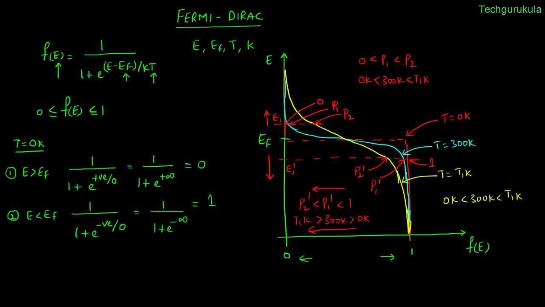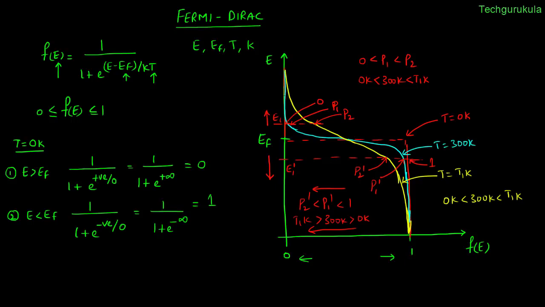We can understand this decrease in probability below the Fermi energy level and increase above it as temperature increases based on our understanding of semiconductors. As temperature increases, the silicon bonds break and there are more electrons in the conduction band, which means at a higher energy level you will find more electrons compared to a lower temperature.